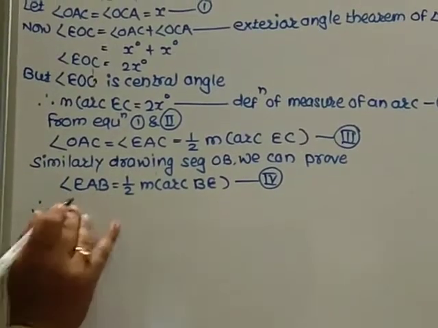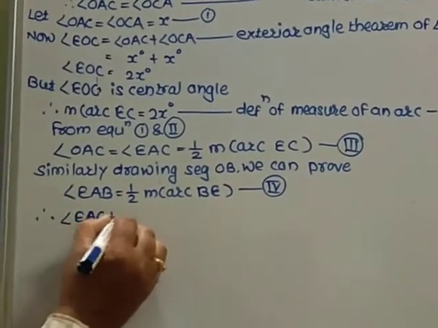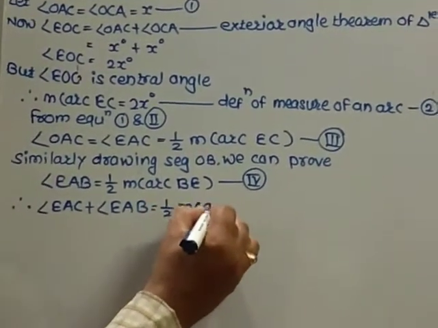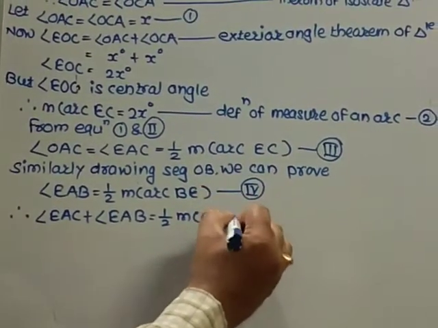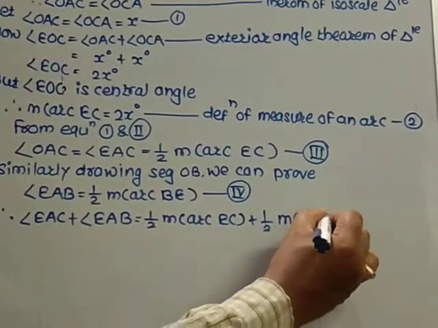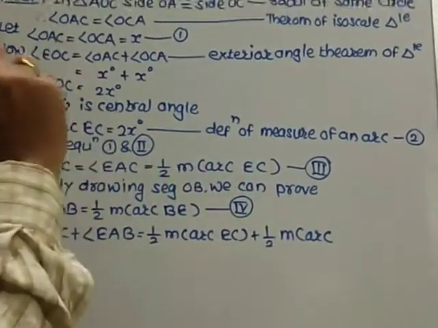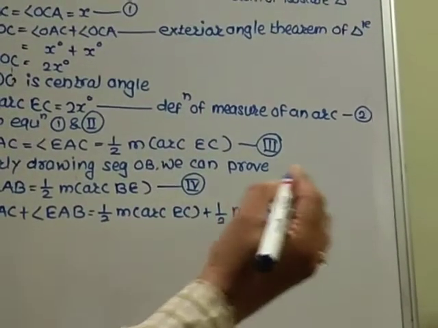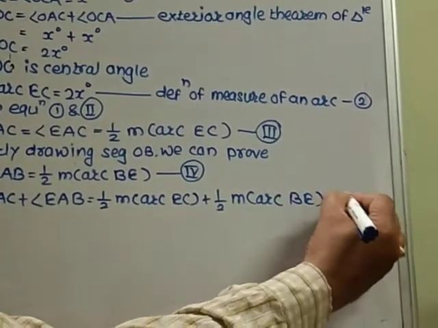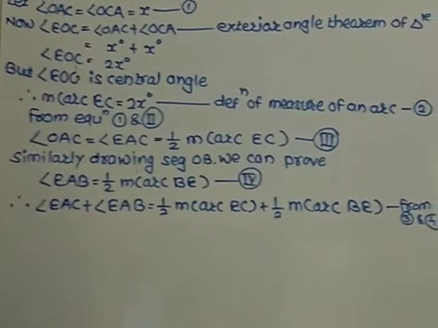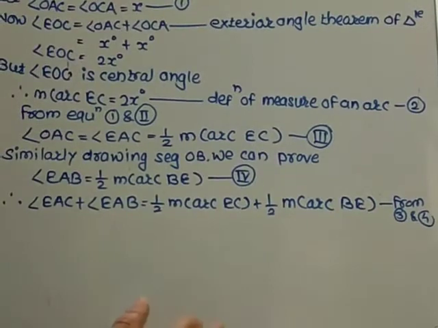Angle EAC plus angle EAB is equal to half of the measure of arc EC plus half of the measure of arc BE, from equations 3 and 4. Okay, that means half plus half.